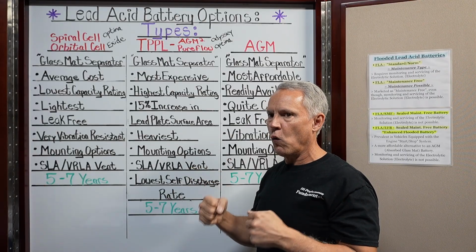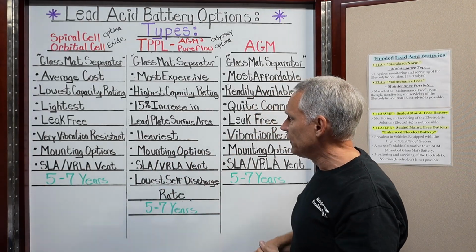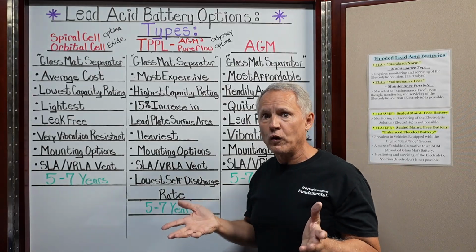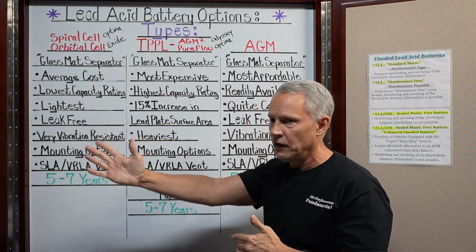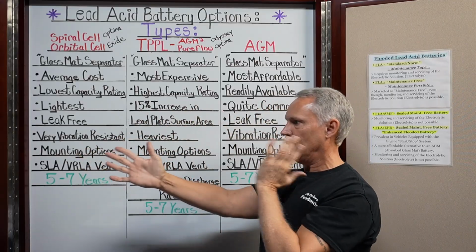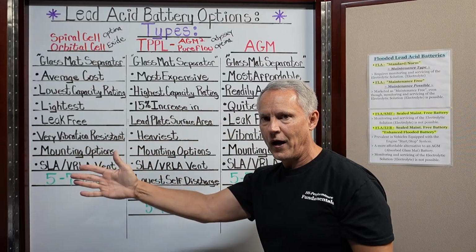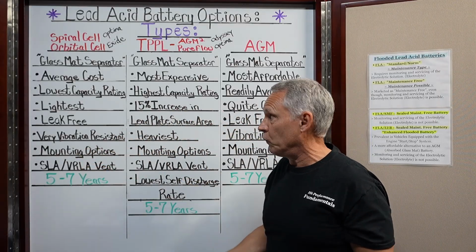More stored or available capacity. It's just a function of how a battery works, the electrochemical reaction. More lead surface area equals more contact with the electrolytic solution equals greater energy, greater capacity. That's the way it works.